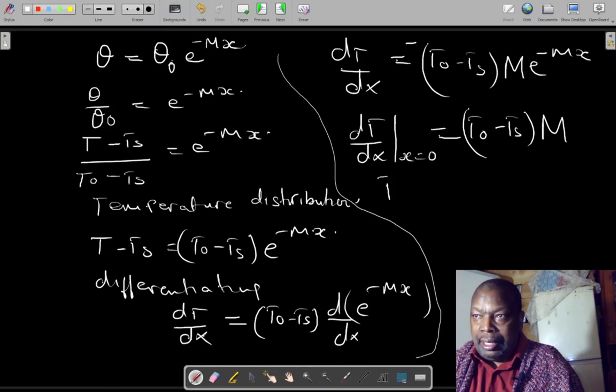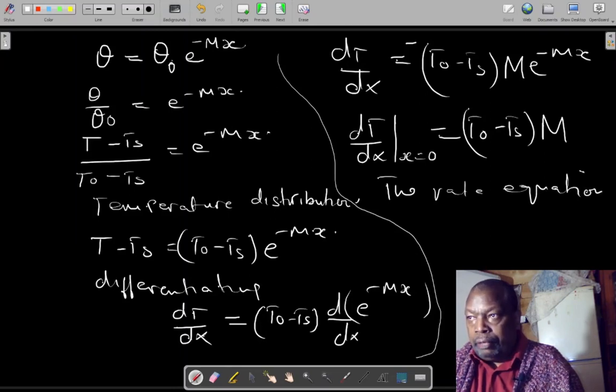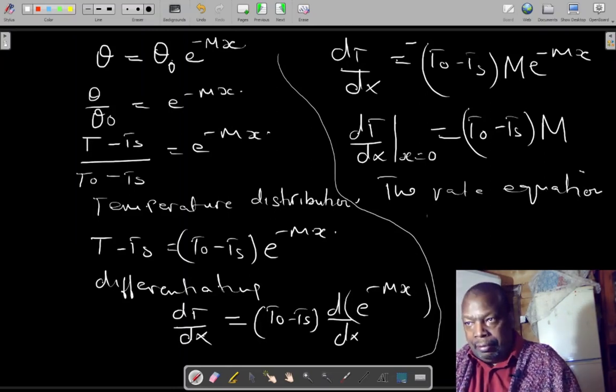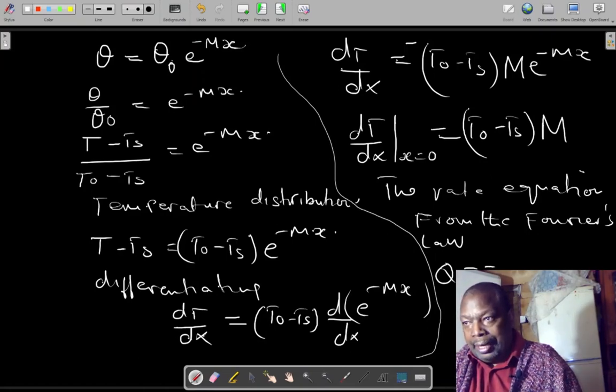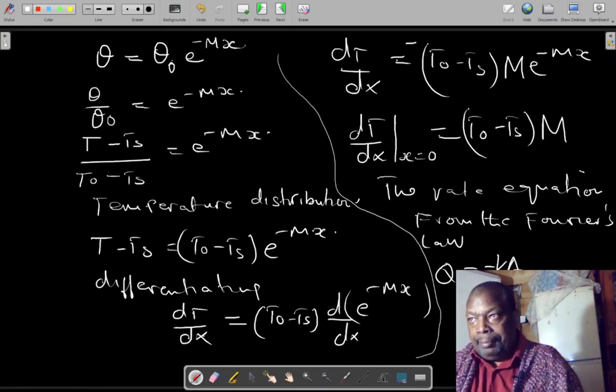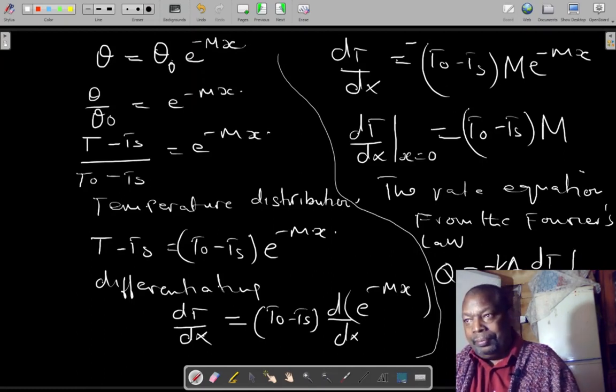Now, this implies that the rate equation of heat flow is, from Fourier's law, Q is equal to minus K area Ac times dT/dx evaluated at x equals 0.